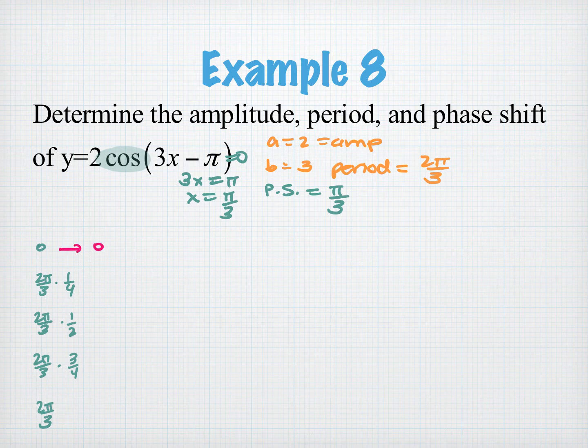This stays 0 for now. This would be pi over 6, pi over 3, pi over 2, and 2 pi over 3. Those would be without the phase shift.